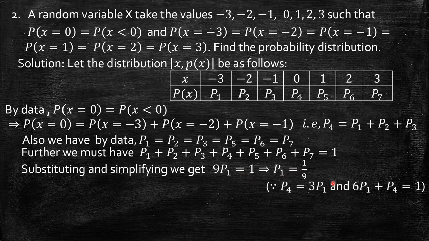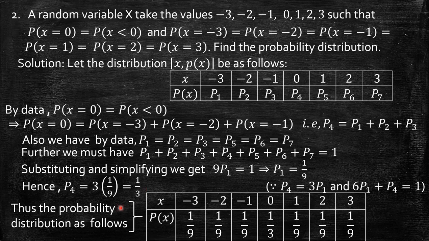The data I have used here is p4 is p1 plus p1 plus p1, and the rest is 6 times p1. So totally it is 9p1 equal to 1, which means p1 equals 1 by 9. Now I can get back p4. P4 is 3 times p1, that is 1 by 3, and the rest are all 1 by 9.